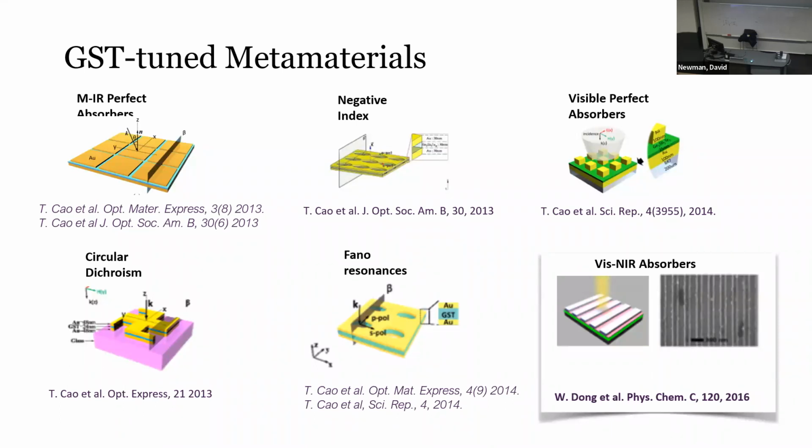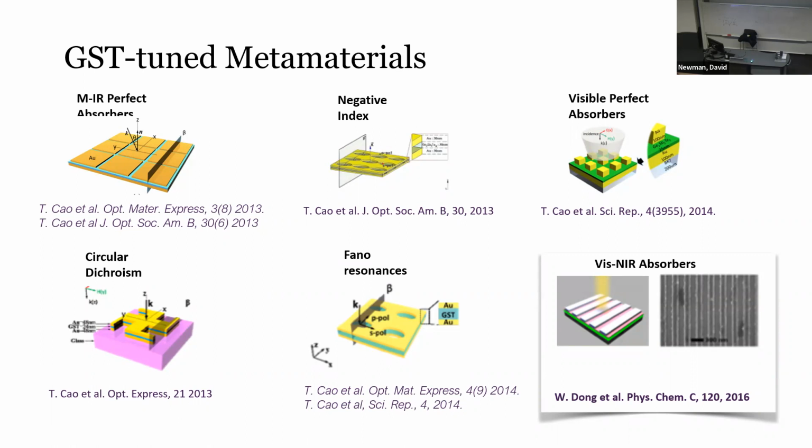In 2012, 2013, we published a whole bunch of papers showing different metamaterial structures that are all based on the same kind of concept: that we could control resonances with this metal phase change metal structure, using the phase change material to change the resonant frequency of these devices.